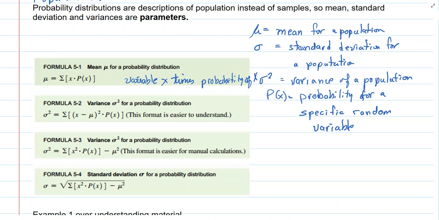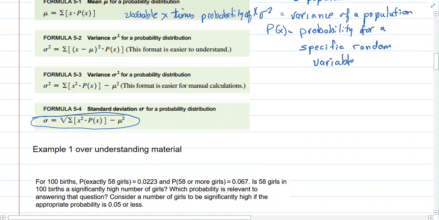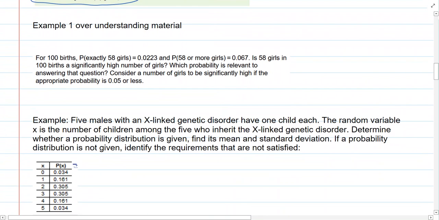We're taking the sum of each X variable times the probability of it occurring. The standard deviation has a kind of complex formula. And what we're going to use is this one right here, which is standard deviation, the square root of the sum of the random variable squared times the probability, the sum of all of them, and then minus the mu squared. So let's do some examples.